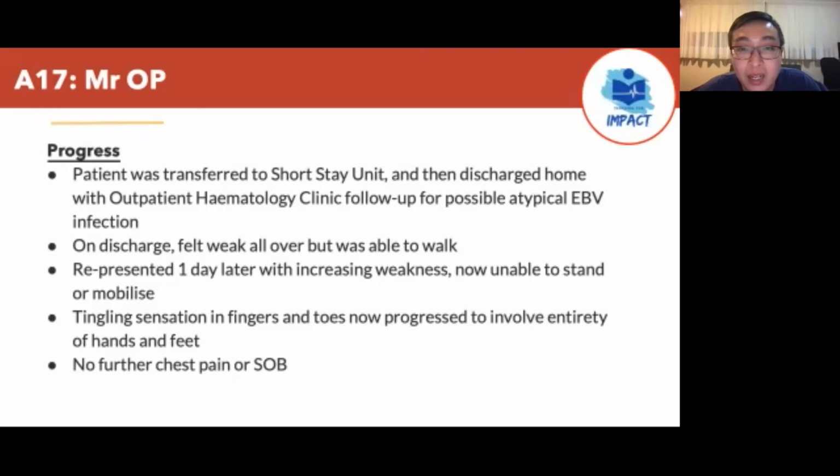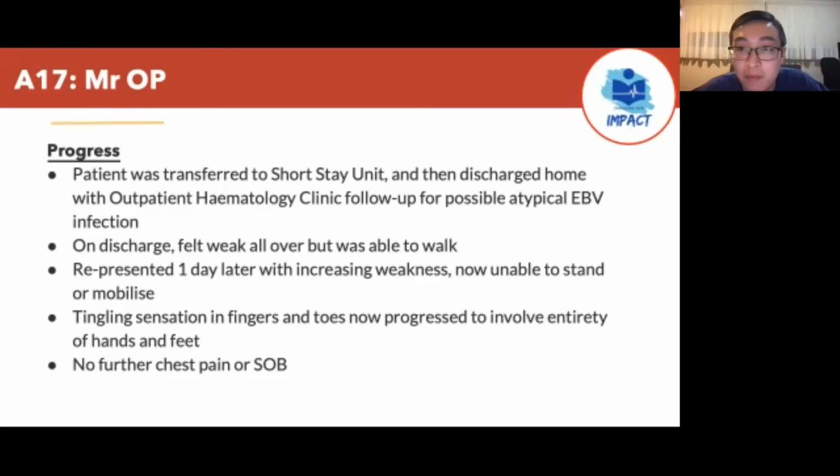But they thought it significant enough to warrant an outpatient hematology clinic follow-up in 2 weeks. They were happy for us to send the patient home. So we sent the patient home. But then on discharge, the patient felt weak all over. He was able to walk, but we wrote it off really to just a viral infection.